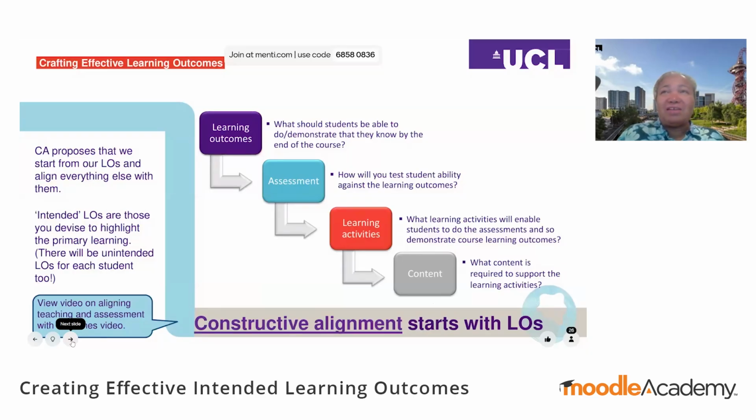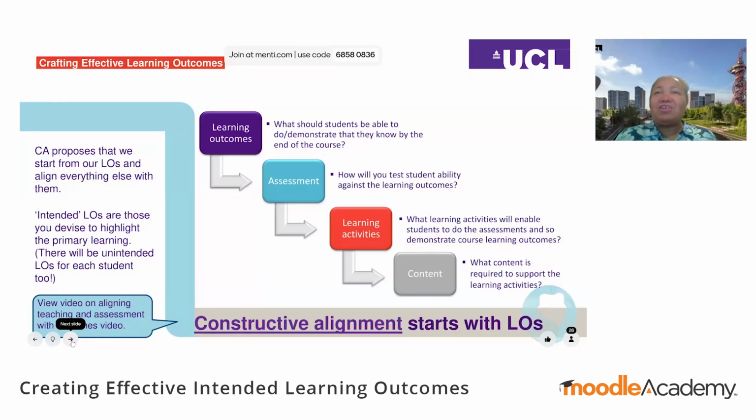Once you've decided what it is they need to be able to do, then you come up with the kind of assessment that will enable you to test or convince you that they have in fact achieved the outcome, that they can do what you are designing the course to enable them to do.